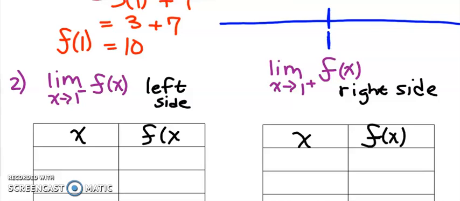If we're talking about the left side of 1, on the left side we have 0, we have 0.5, we have 0.8, we have 0.9. But as we get closer and closer to 1, we're trying to get as close to 1 as possible.